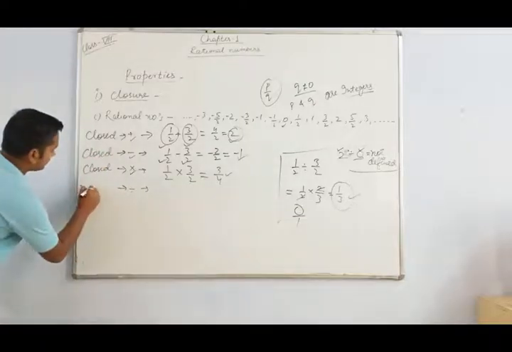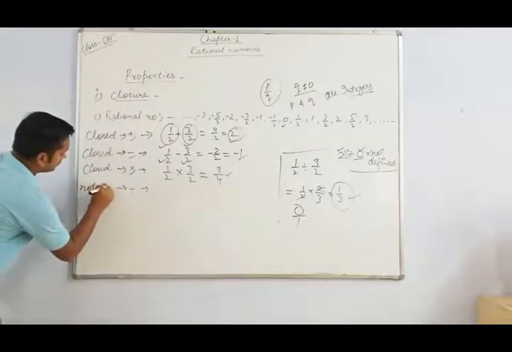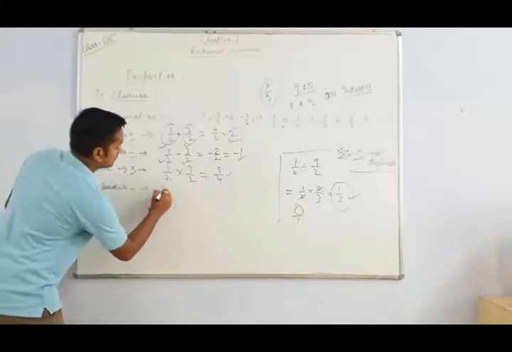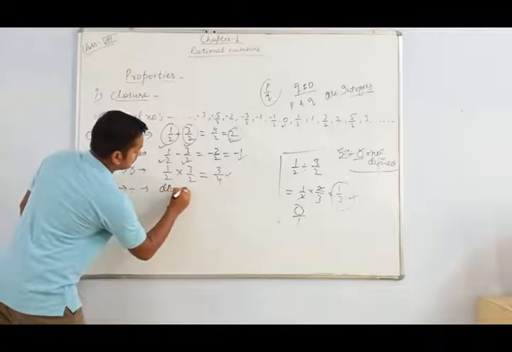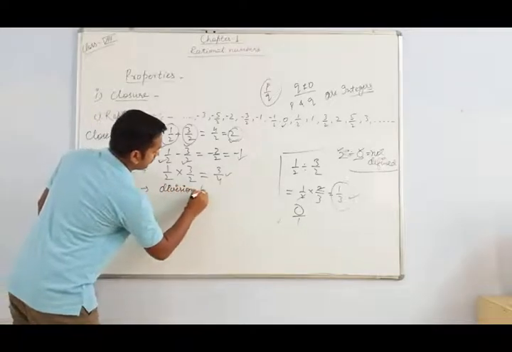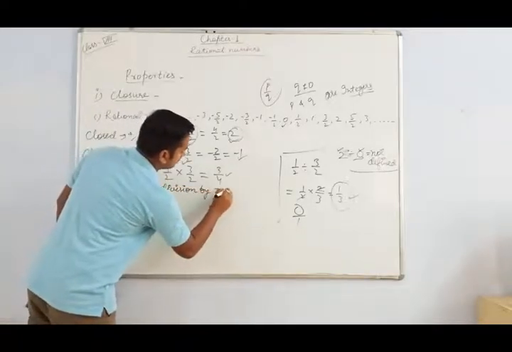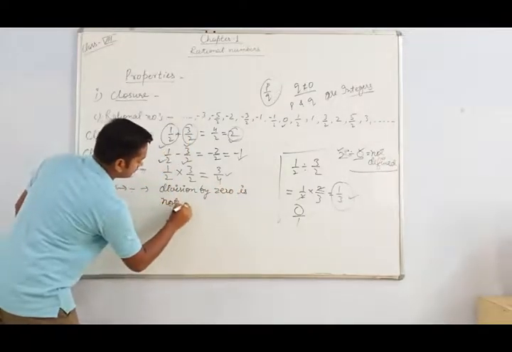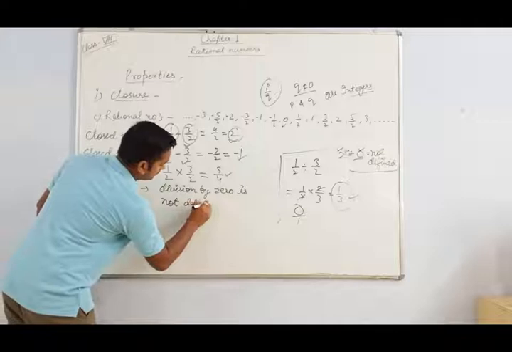So we will write it: not closed. The reason is: division by 0 is not defined.